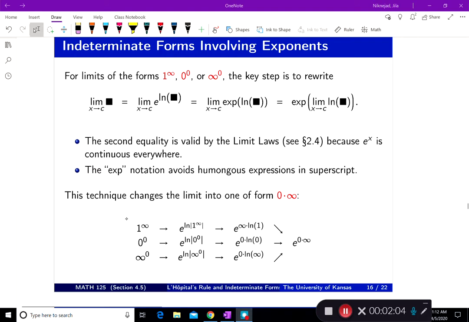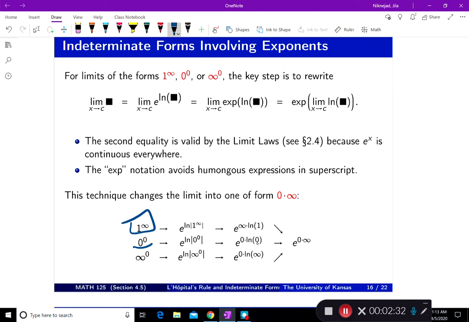If it's 1 to infinity, it becomes e to the power natural log of 1 to infinity. Infinity is the exponent, so it becomes exponential of infinity times natural log of 1, which is e to the power 0 times infinity. Here, 0 to 0 becomes e to the power natural log of 0 to 0.